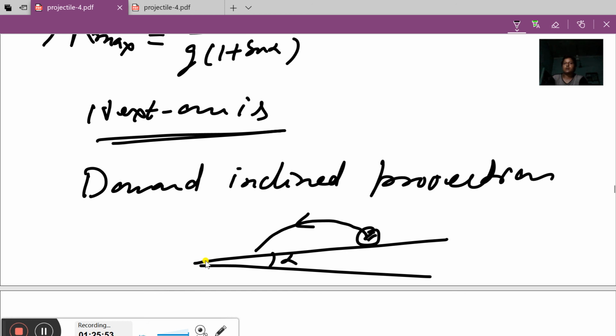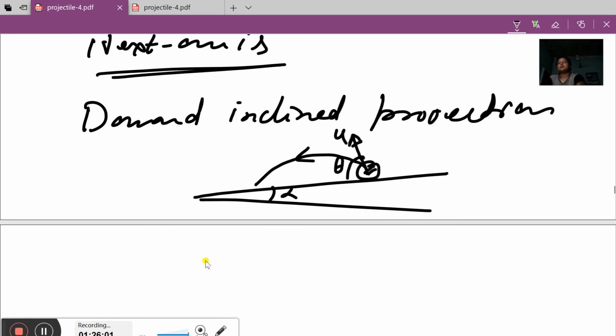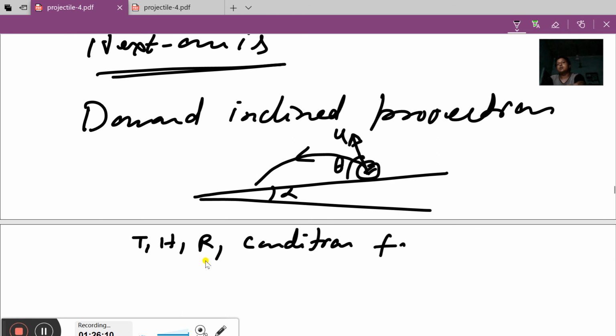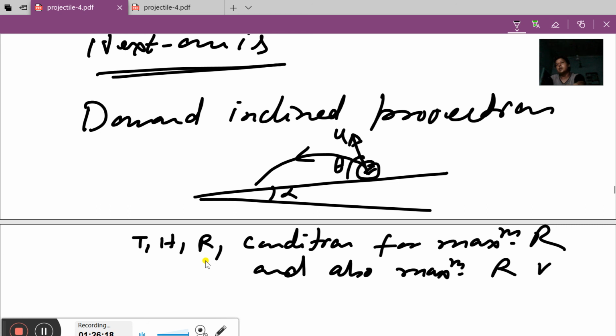This angle is alpha and this is u, this angle is theta. So in this case also we have to calculate the time of flight, height, range, condition for maximum range, and also the maximum range value.